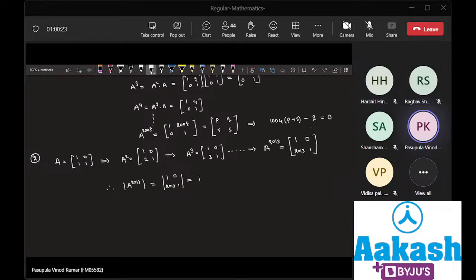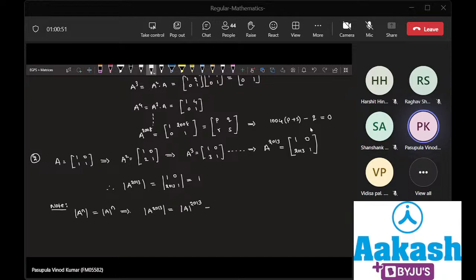Do you understand? One more thing you can do here: the determinant of A power n is equal to the determinant of A whole power n. We will see this property in the next chapter, the determinant chapter. With this property, you can write directly the determinant of A whole power 2013.